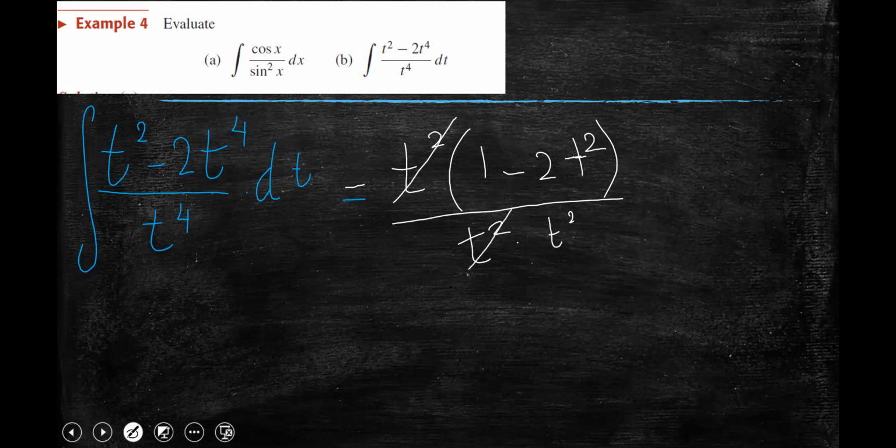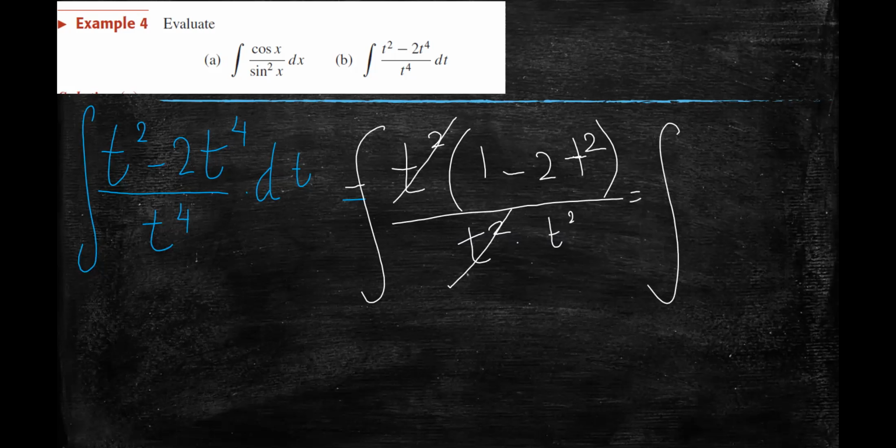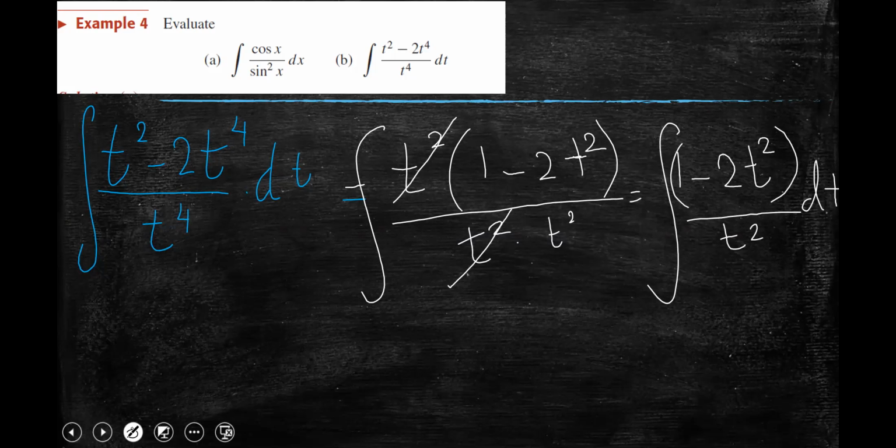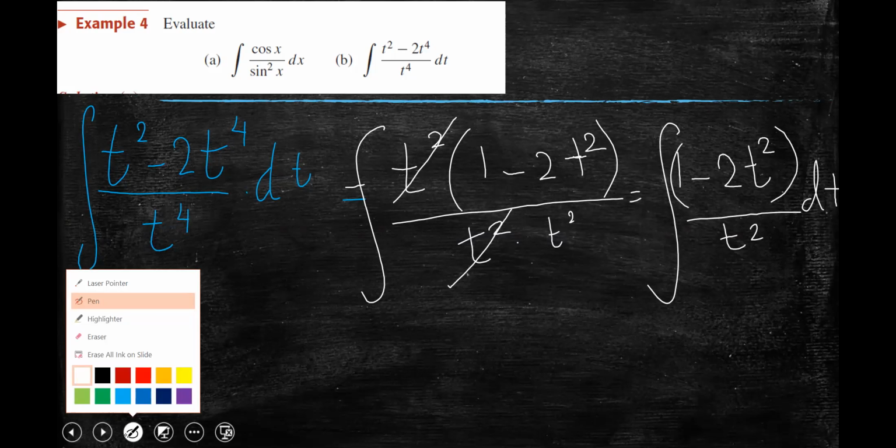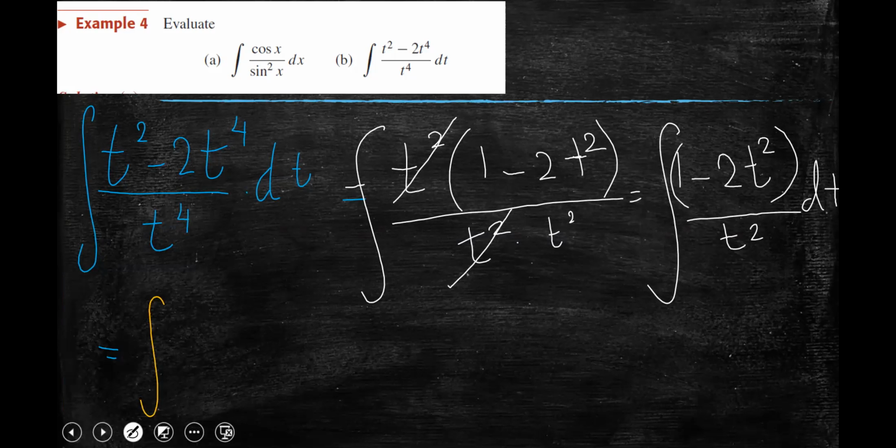So they cancel each other. We now have the integration of 1 minus 2 t squared over t squared dt. Then I can write it as the integration of 1 minus 2 t squared times t to the power negative 2 dt.